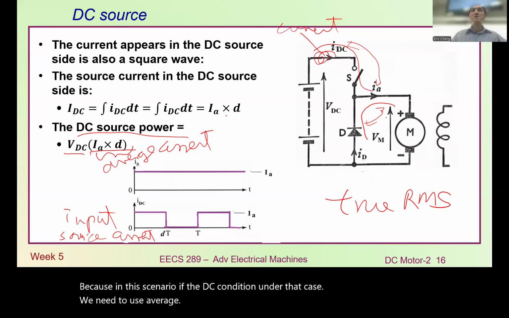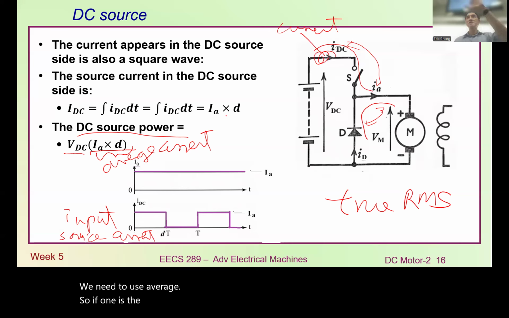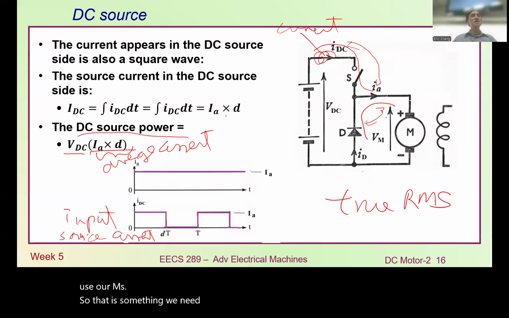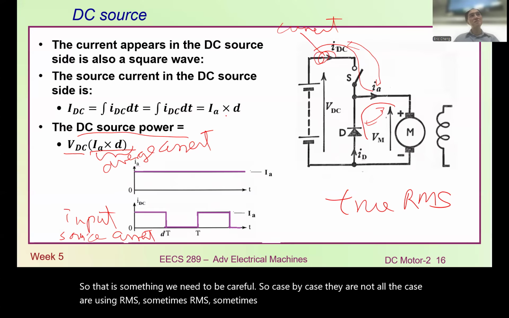So if one is a DC fixed value and the other is a non-fixed value, then usually power level will use the average. But if both of them are AC, probably we may need to use RMS. So that is something we need to be careful about. Case by case, not all cases use RMS. Sometimes RMS, sometimes we use average.